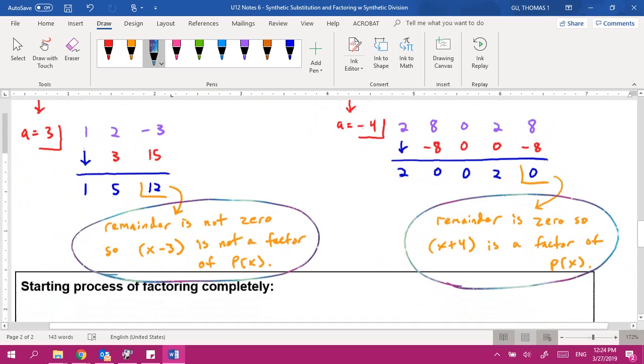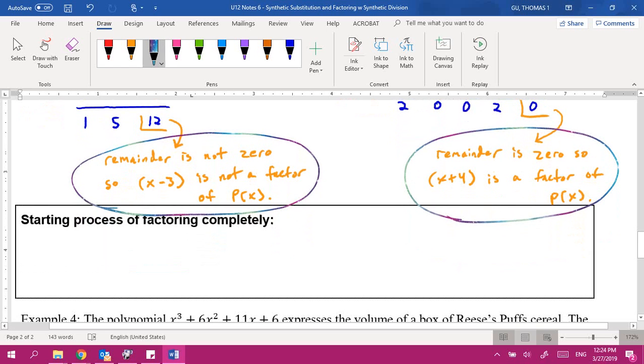Let's go to the last part now. Starting the process of factoring completely. Okay, so we've all seen the questions where it says factor completely, right? Where you have to break down a polynomial into all of its separate factors. How can we do this including synthetic division then? So write this down.